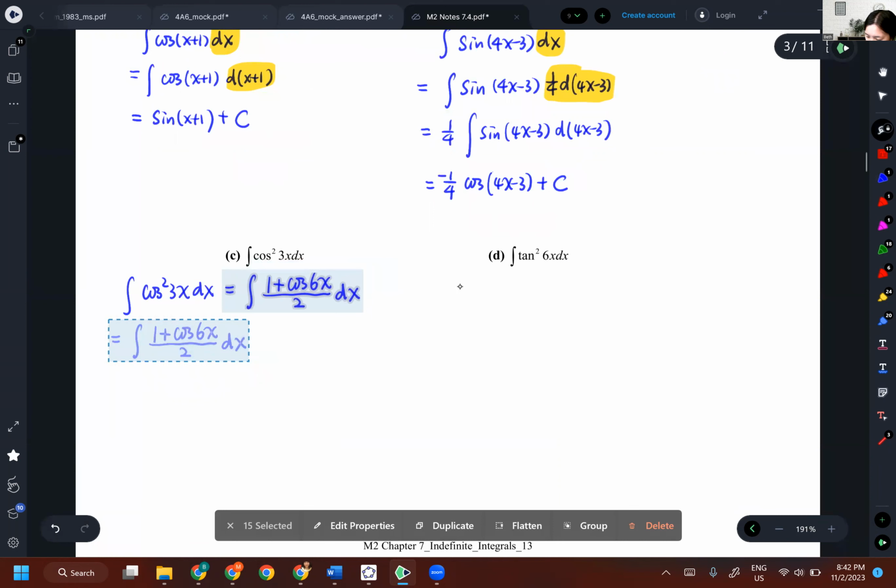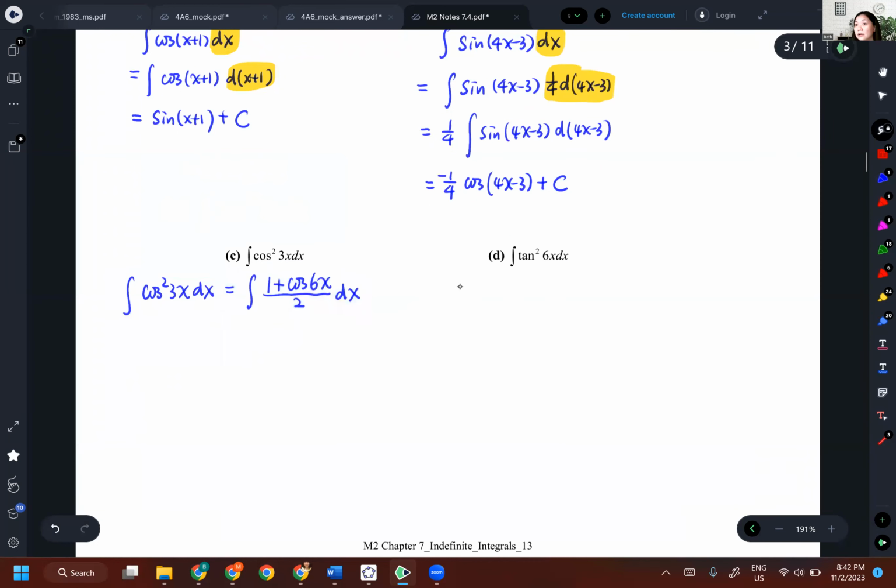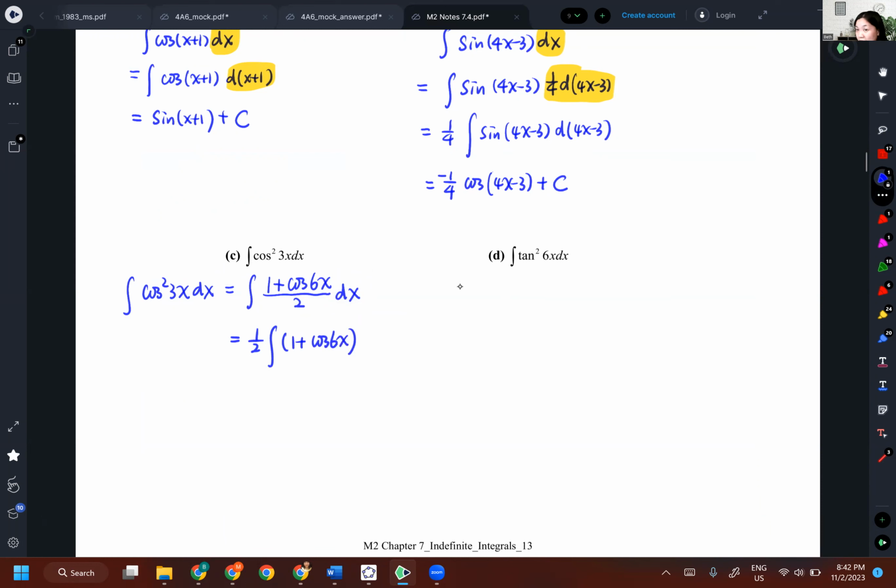And then I will take out 1 over 2, and I'm left with 1 plus cosine 6x. And here I'm also changing dx to d6x, that's 1 over 6 d6x.